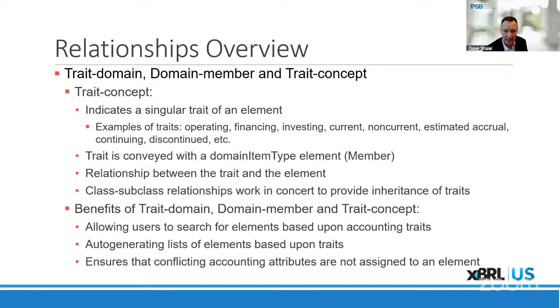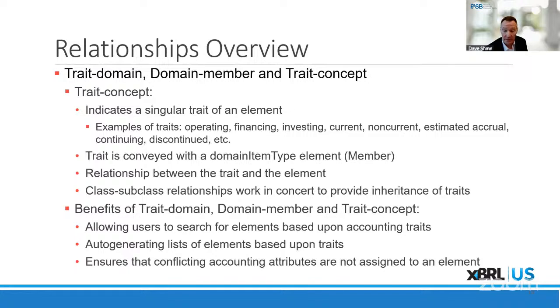That's all conveyed through this relationship. The trait is conveyed with a domain item type element, a member, to a primary element. We'll get into another example, but this relationship also works with the class subclass relationship in providing inheritance of traits, and we'll have an example to illustrate how that works.